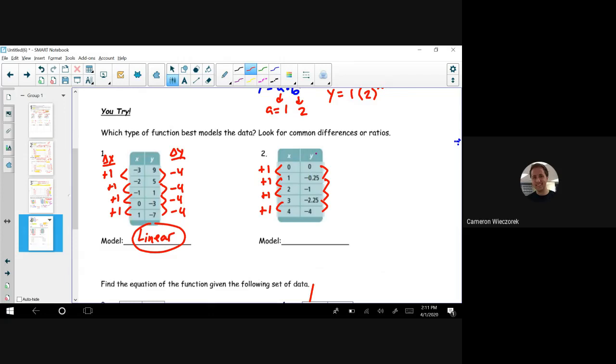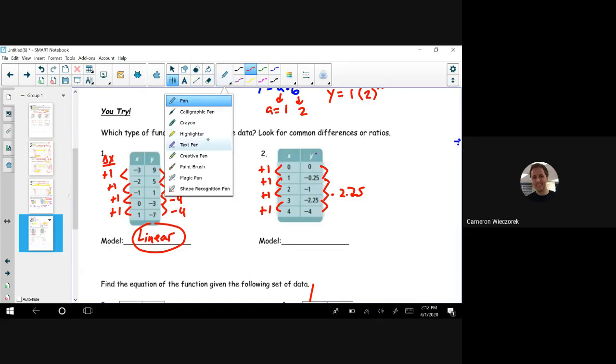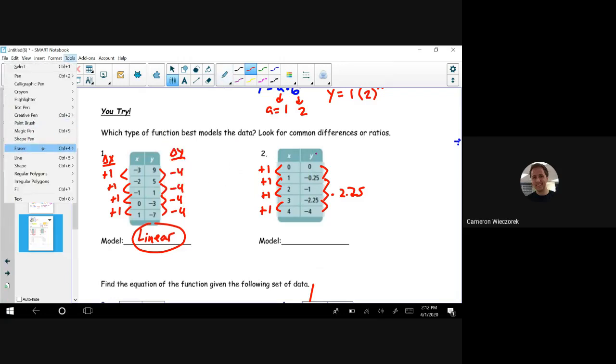But one thing we can rule out right away is it's not exponential, because if I do -1 times 2.25, I'm going to get -2.25. But if I multiply by that again, if I do -2.25 times another 2.25, I'm not going to get -4. And if you're not sure of that, try that on your calculator. It's not going to come out to -4. This, therefore, cannot be exponential.